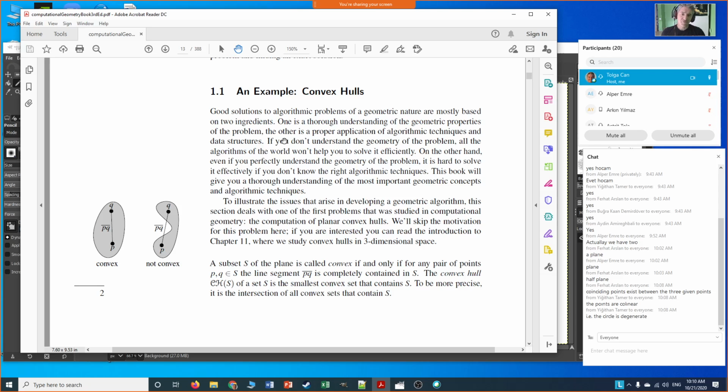Also, a problem that doesn't look like a convex hull problem may be solved with convex hulls. This is known as the convex hull trick in competitive programming. You may have a problem that doesn't look geometric at all, but if you can represent certain things as points or lines, you can actually use the convex hull solution.